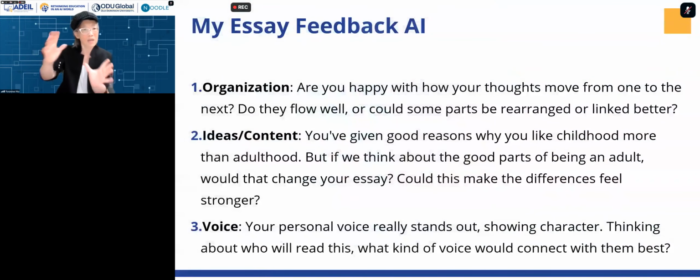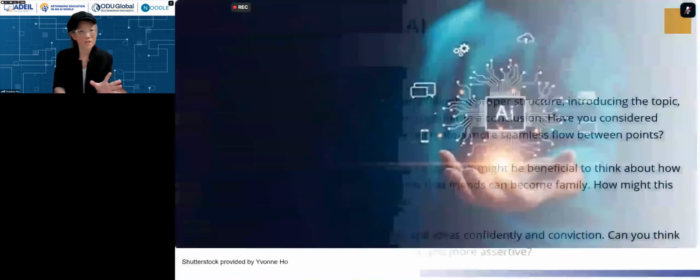This is how, if you use myessayfeedback.ai, it's an AI just for grading papers, and it will come up with this kind of feedback for your papers. It will comment on organization, ideas and content, on voice. And Todd says he uses it at one of his schools.